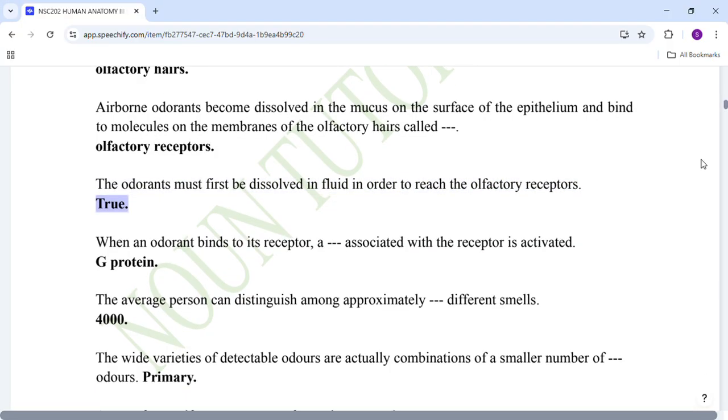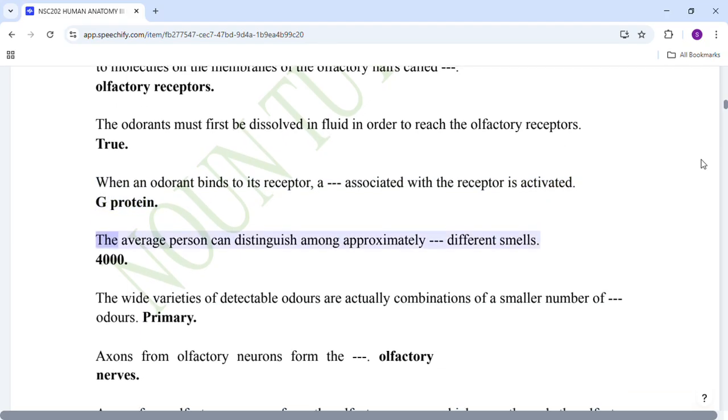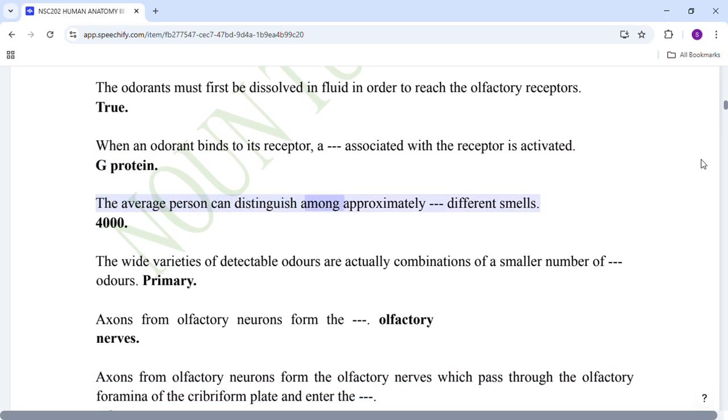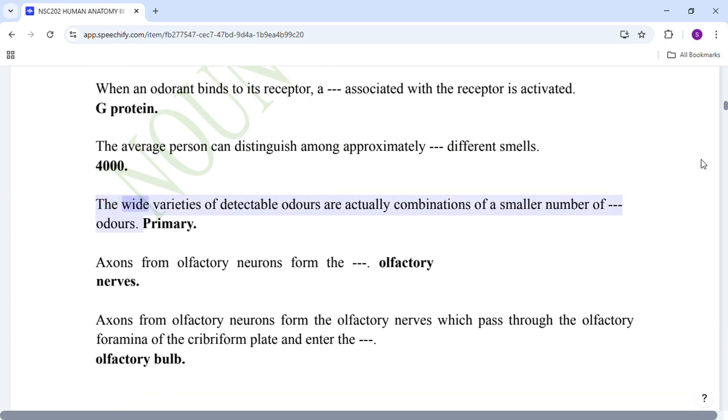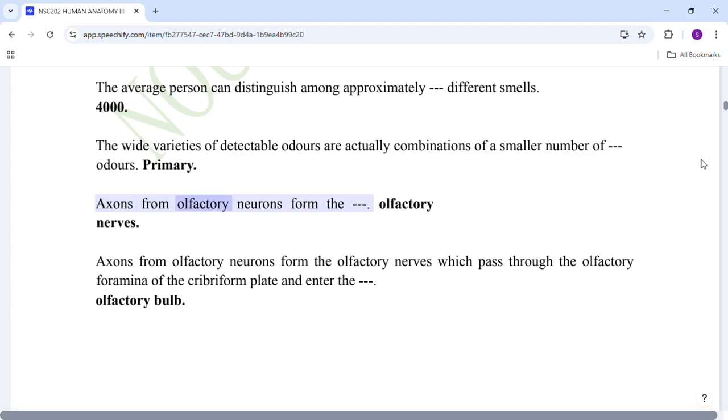True. When an odorant binds to its receptor, a G protein associated with the receptor is activated. The average person can distinguish among approximately 4,000 different smells. The wide varieties of detectable odors are actually combinations of a smaller number of primary odors.